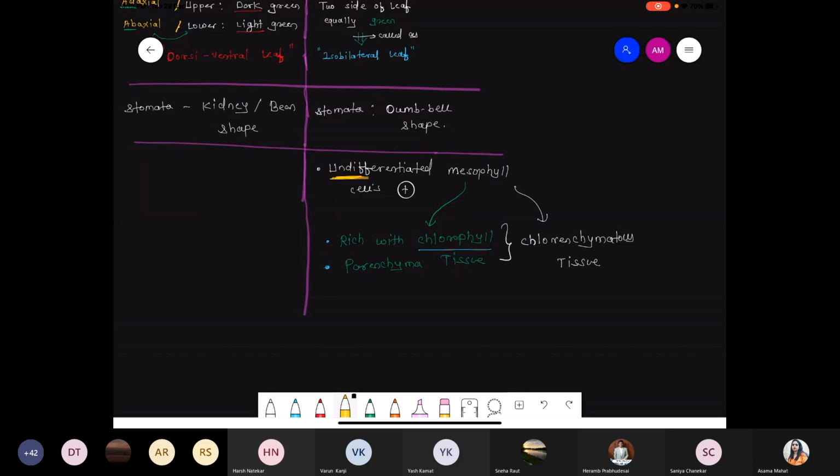And you know very well, अगर कोई cell है, those are the parenchymus in nature, rich with the chloroplast, such kind of the tissue is called as the chlorenchyma tissue. Chlorenchyma tissue means the parenchyma rich with chloroplast. Major function, photosynthesis, obviously. Got it? Now clear point? Yash, this point is clear now?